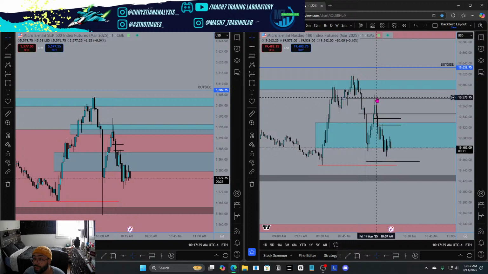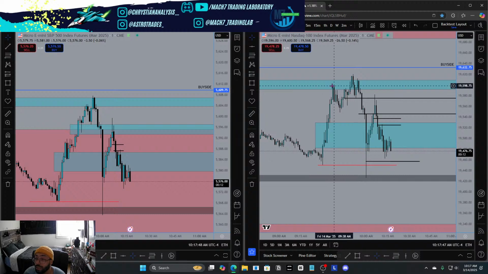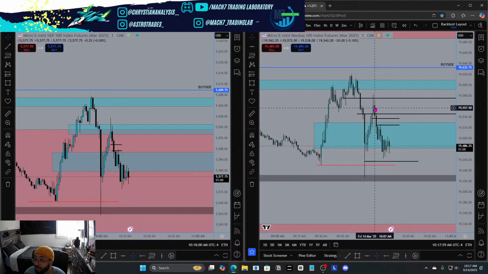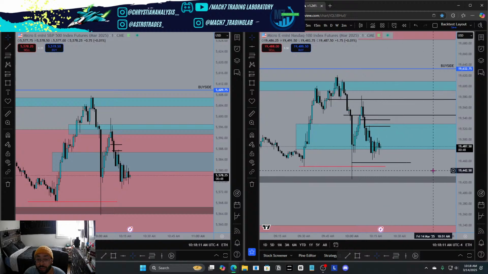At one point I was looking at these buy side, but again we had these nice sweeps, these buy side stops taken. Then we had a 5-minute expand lower right into another 5-minute, and then ran lower aggressively. Then we took a sell here after missing our first initial one, and our area of target that we were looking at first was here, but she didn't. So again, it's Friday, better to secure the profit than being greedy.